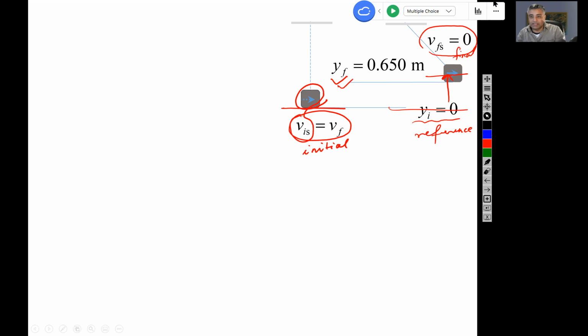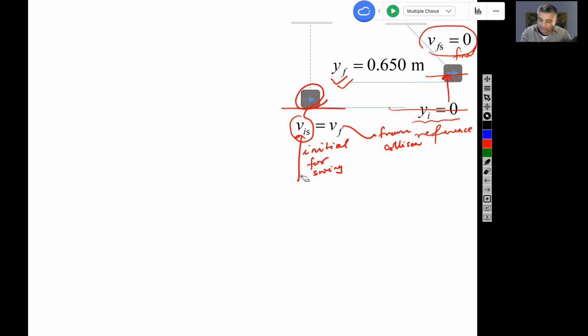So final is initial may look confusing, but final from collision is the same as initial for swing. So yes, it's a bit confusing, but I hope you understand why the final from collision becomes initial for the swing, okay?